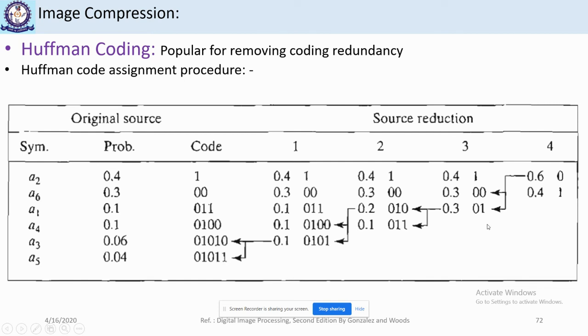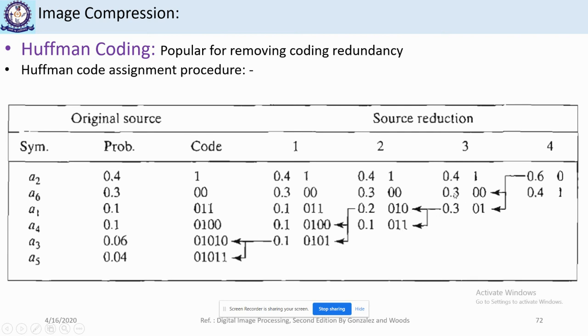Now we know that this 0.3 we got by adding 0.2 and 0.1. So the code 0 1 will go as it is for both these symbols, and 0 will be added for one symbol and 1 for another. This is how we propagate back.